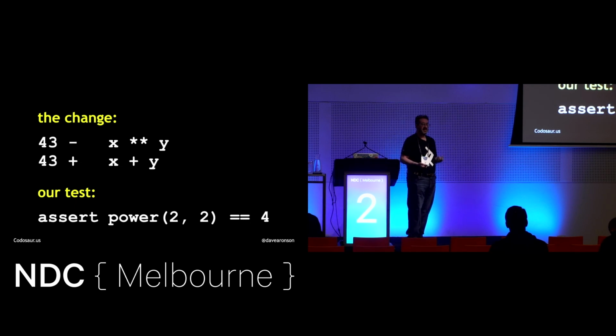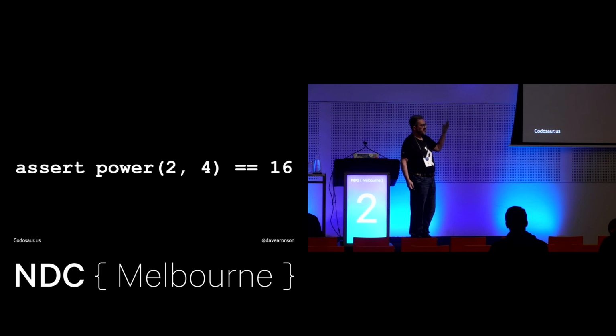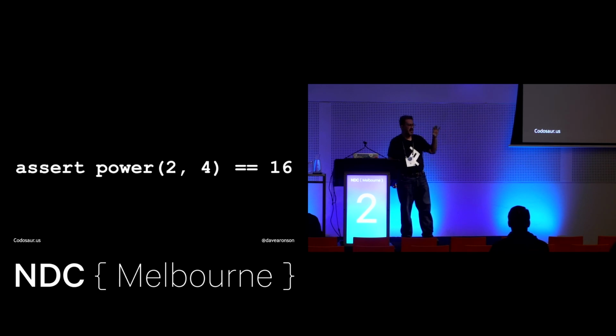We just need to make at least one test use inputs such that x to the y is different from x plus y. For instance, we could add a test or tweak our existing test to something like this to assert that 2 to the 4th power is 16. 2 plus 4 is 6, not 16. So that kills the plus mutant.